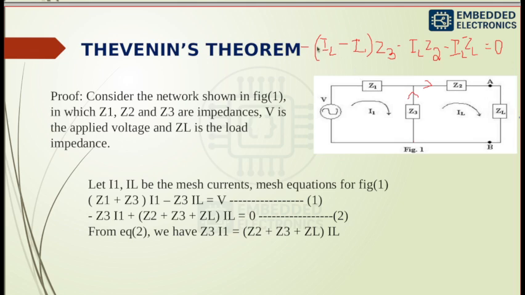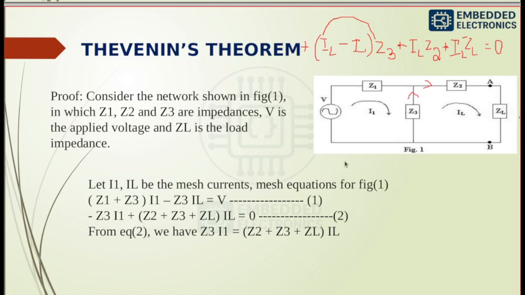Now move all this to the right side, then it becomes plus. We need to simplify this equation, so multiply this by Z3.